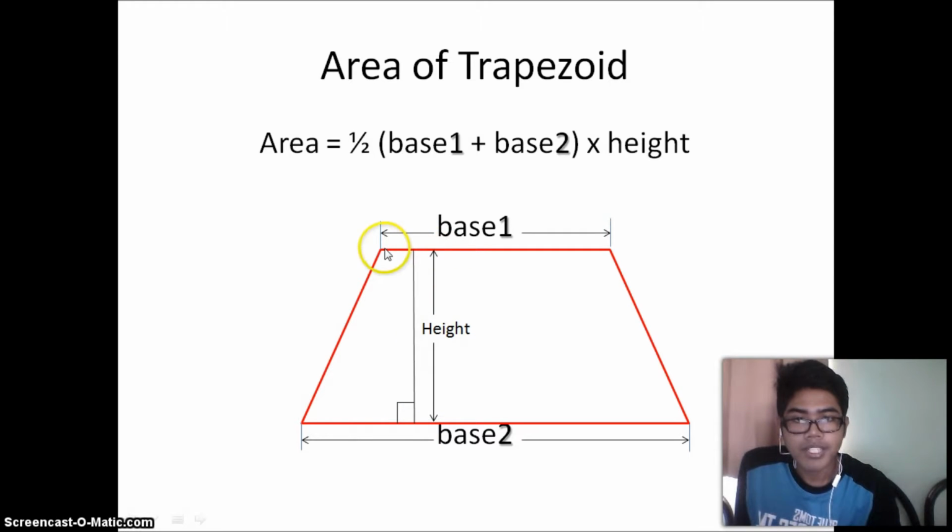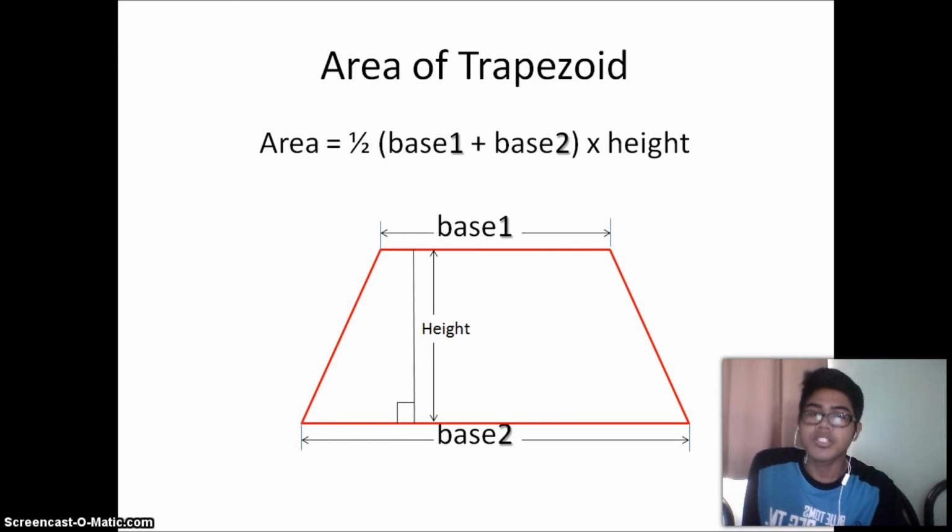The height must be perpendicular to the base line. In this video I will provide 3 examples: to find the area of a trapezoid, to find the base, and to find the height, still using the same formula.